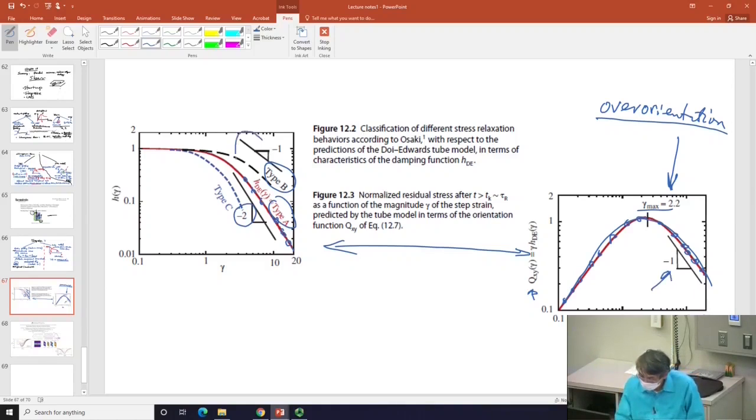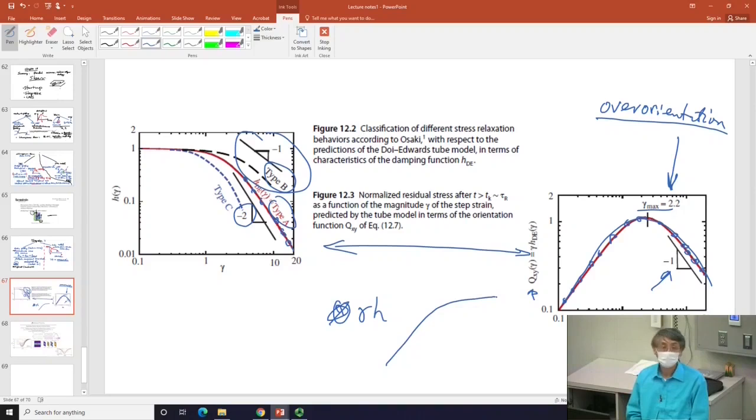Type B is carefully drawn such that when I multiply this, it will not drop. Okay, so I'm just saying that any system that can relax quiescently would not show this strong strength softening, which we call.